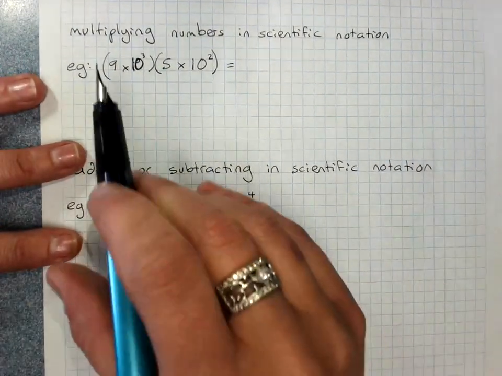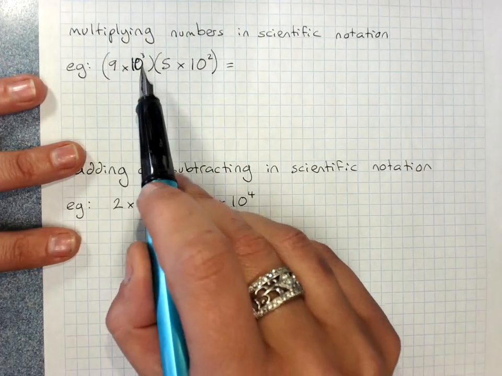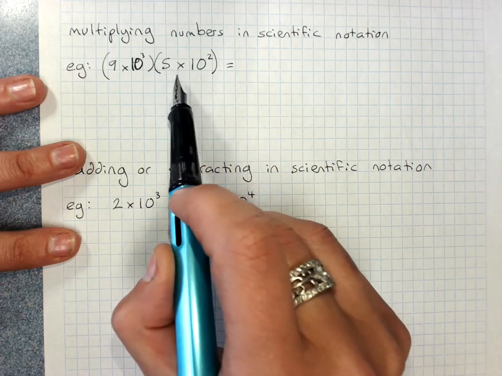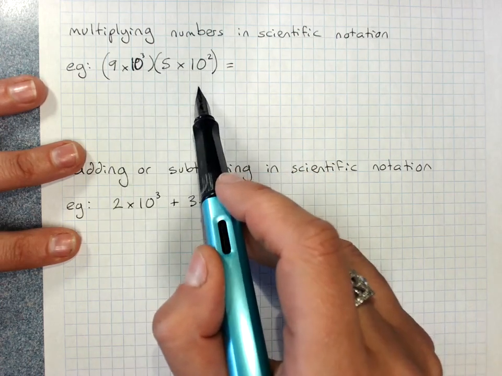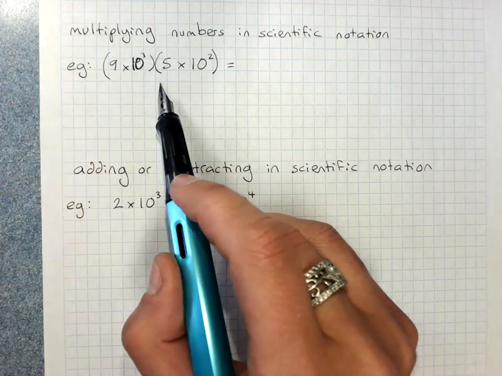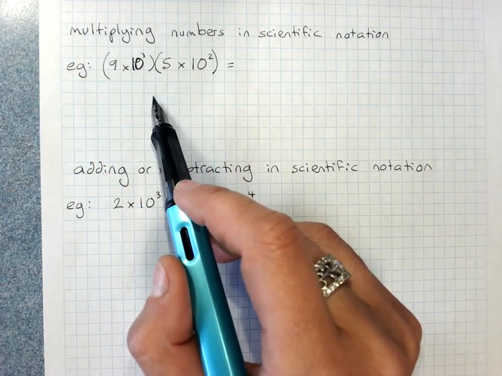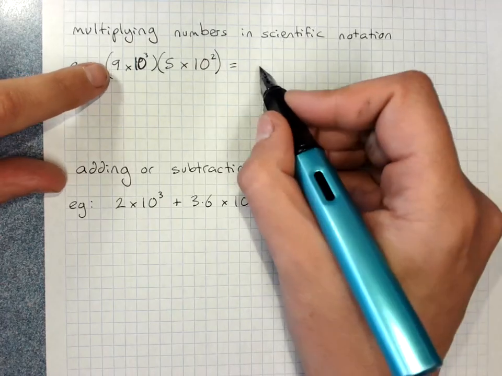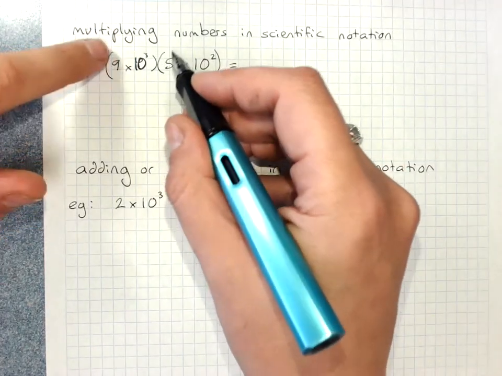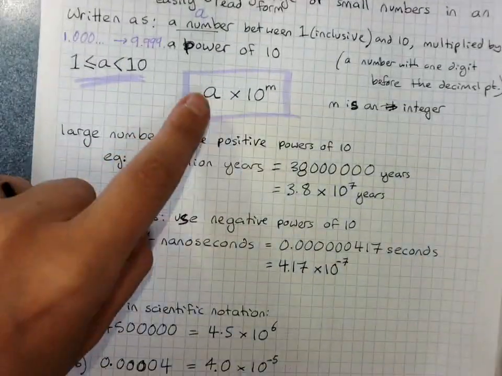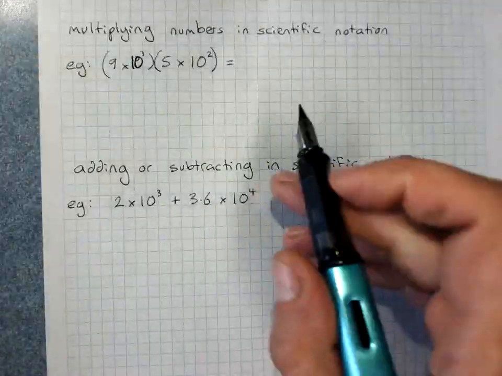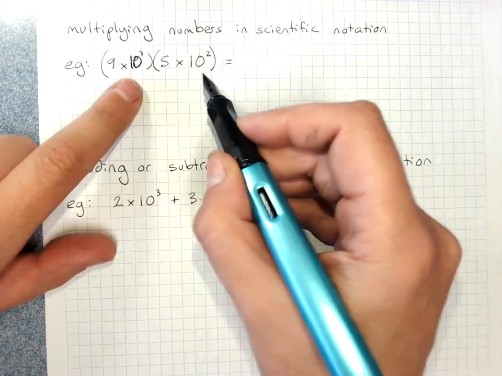Multiplying numbers in scientific notation, 9 times 10 to the 3 times 5 times 10 squared. Multiplication can be done in any order, regardless of the brackets. So you multiply the coefficients, the A in our scientific notation, and then you multiply the powers of 10.